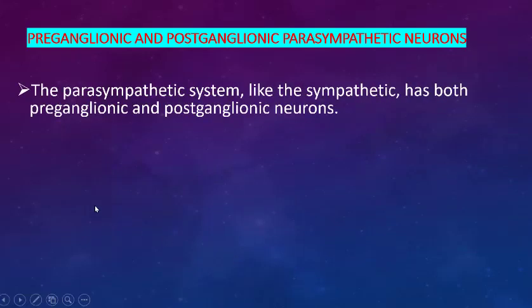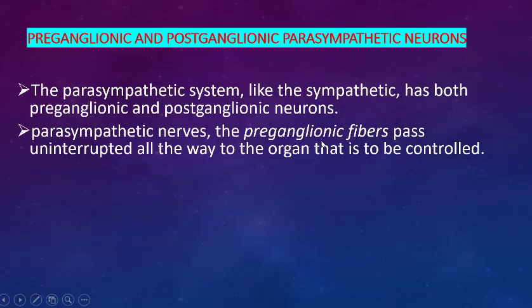Parasympathetic preganglionic and postganglionic neurons. The parasympathetic system, like the sympathetic, has both preganglionic and postganglionic neurons. In the parasympathetic nerve, the preganglionic fiber passes uninterrupted all the way to the organ that is to be controlled.